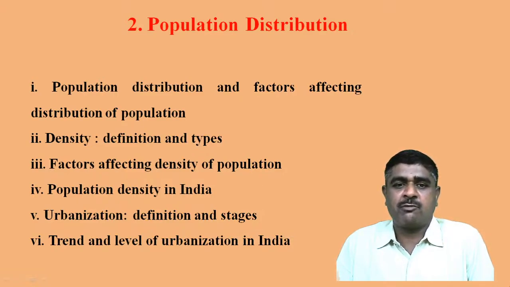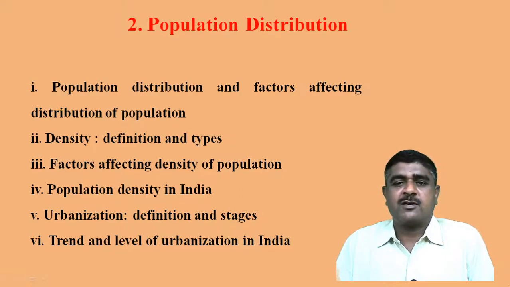Just I will give you one example related to population distribution. All of us know that Asia is the continent having the highest population in the world. Asia occupies 16% of the area of the world and has more than 60% of the population of the world. Vice versa, the Australian continent has 20% of the area of the world and has only 8% of the population of the world.